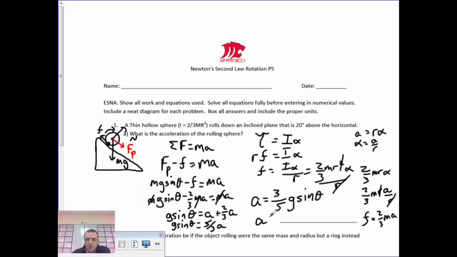I'm plugging in the numbers. 3/5 times 9.8 times the sine of 20. A equals, I think I had 2.01 meters per second squared. Sorry, 2.01. We got it right out of there. That's the basics here of that.